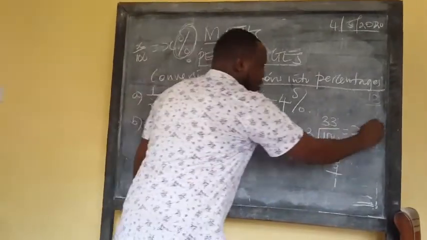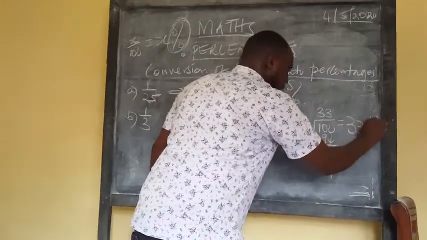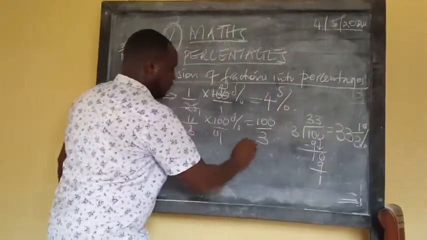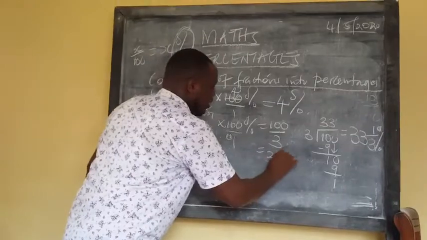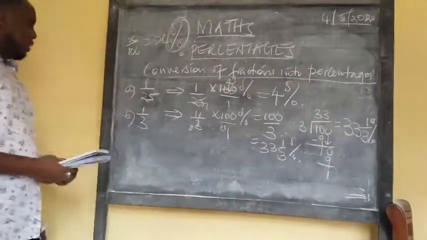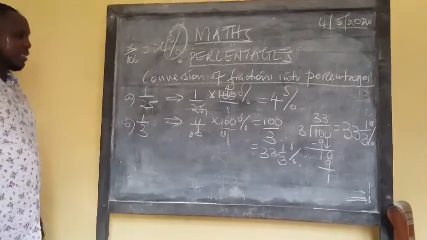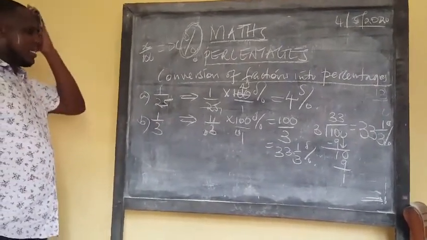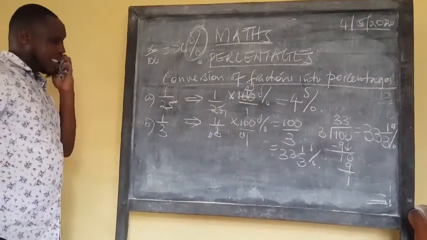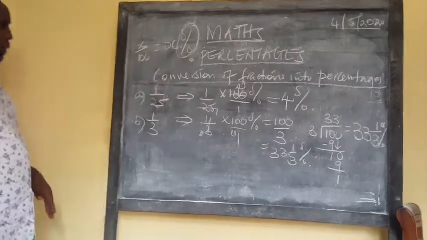Then the remainder, 1 over 3. But percent must be there. So this becomes 33 and a third percent. If you convert 1 over 3 into a percent, it becomes 33 and a third percent.